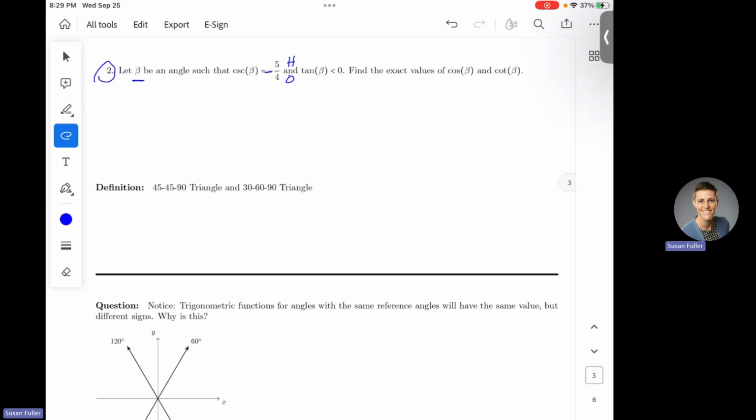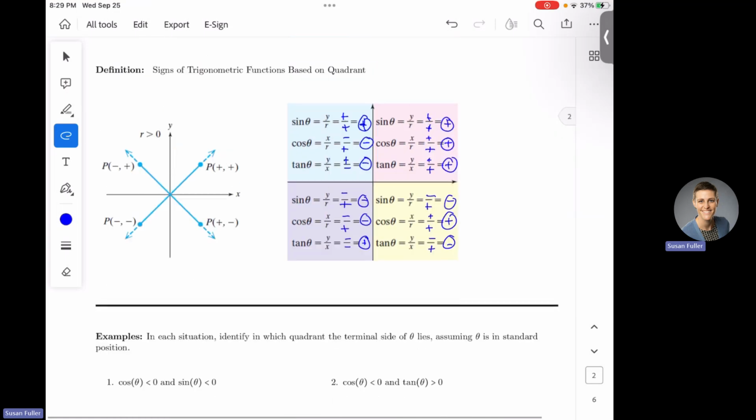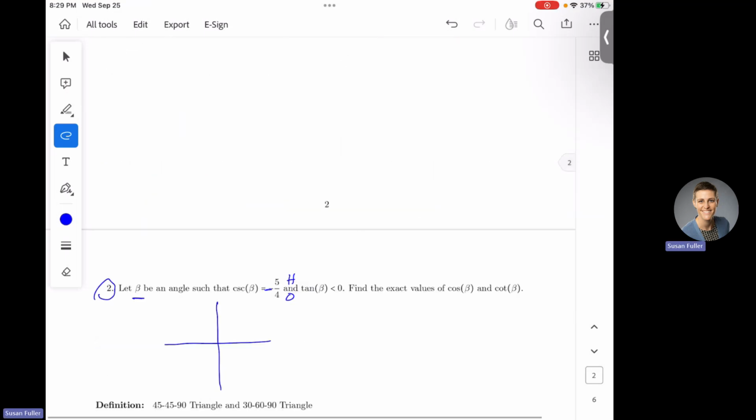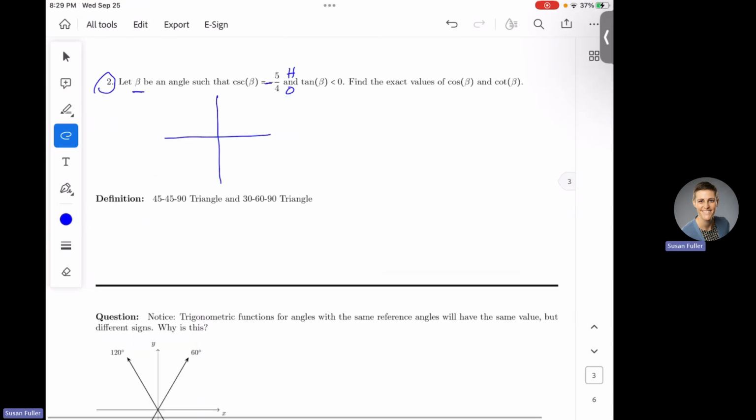Now, if I'm going to draw this, I still need to figure out which quadrant I'm in. Well, to figure out which quadrant I'm in, I need to know the signs of two trig functions. And we looked at this on Tuesday, but I know the signs of sine, cosine, and tangent in all 4 of my quadrants. But I don't have sine, cosine, or tangent. I've got cosecant.